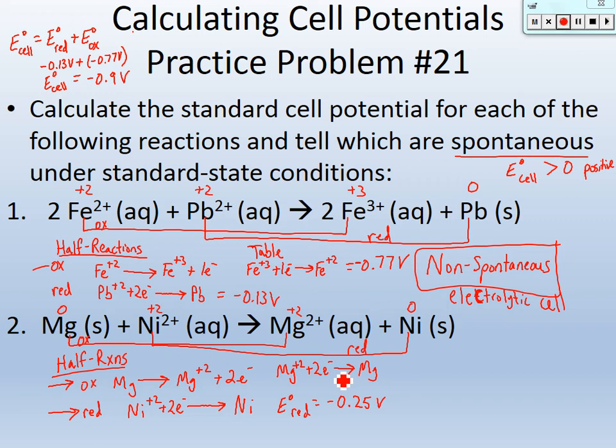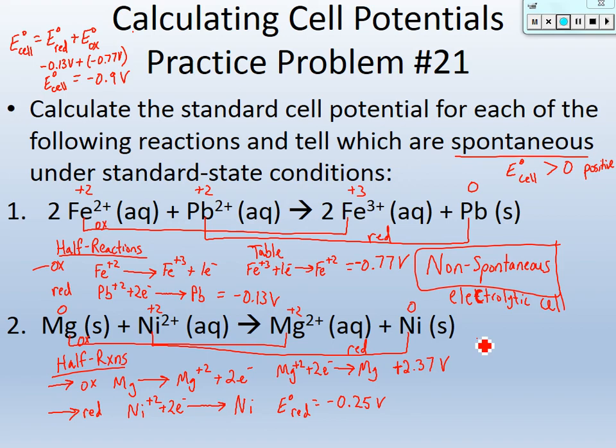So the voltage of that half reaction is a negative 2.37 volts. But remember, this is the reduction, and it wasn't the reduction half reaction, this was oxidized actually. So I'm going to switch the sign, that's going to become positive.